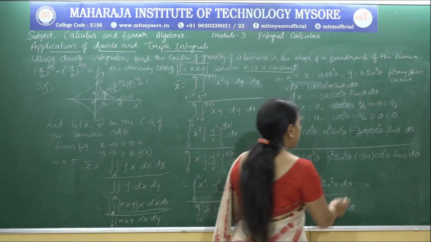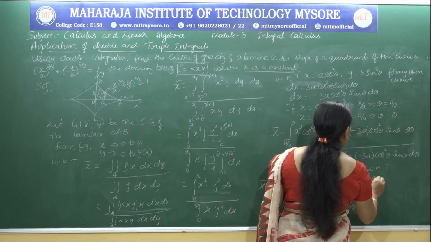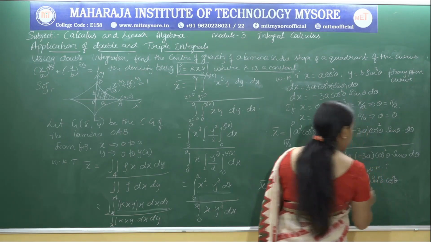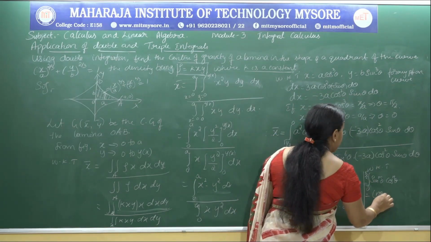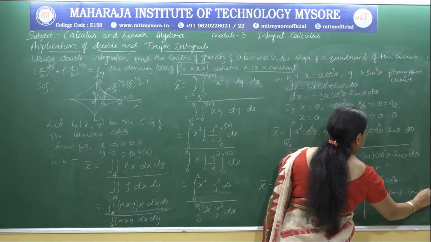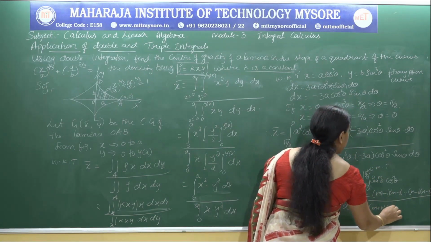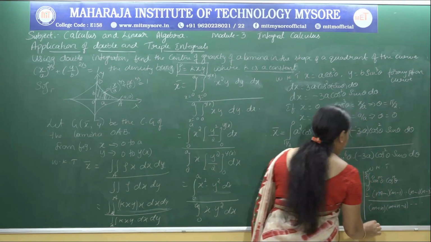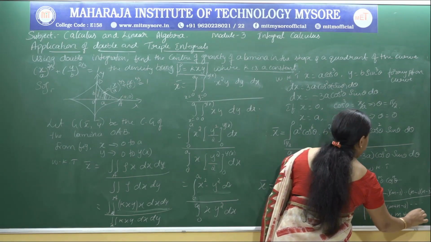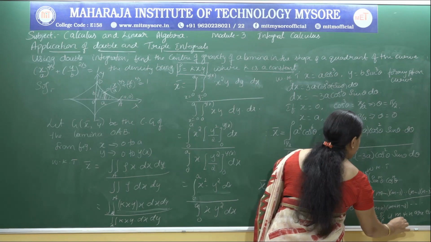We know that the integral from 0 to pi by 2 of sin to the power of m theta cos power n theta is given by (m minus 1)(m minus 3) etc. times (n minus 1)(n minus 3) etc. times k, whole divided by (m plus n)(m plus n minus 2) and so on, where k is pi by 2 if m and n are both even, and is 1 in other cases.